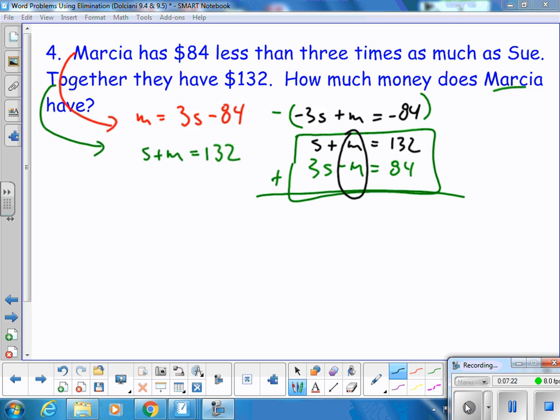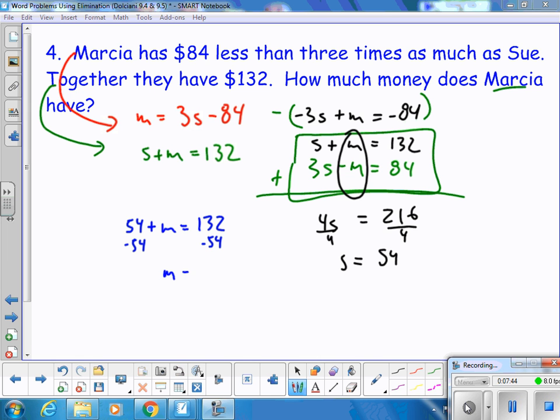And these cancel out, so I have 4s equal to 216. Divide by 4, and s ends up equaling 54. I'm going to use that and substitute it in. 54 plus m equals 132, minus 54. M equals 78. Look at my question: how much money does Marcy have? She has $78.